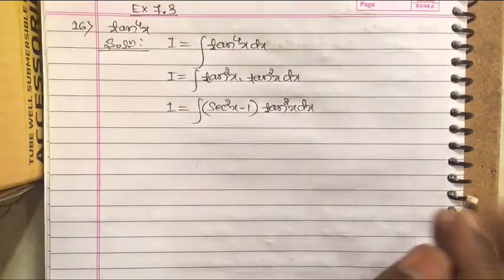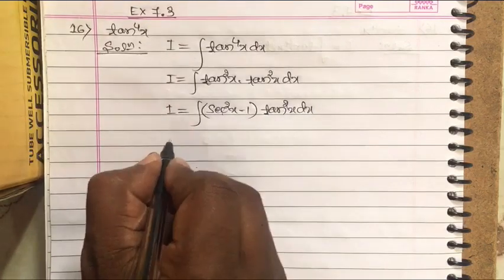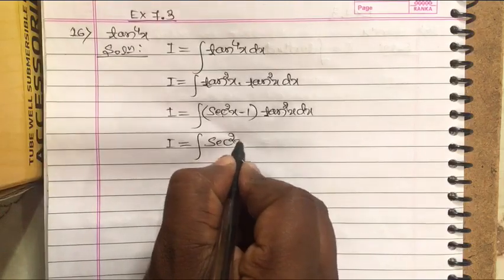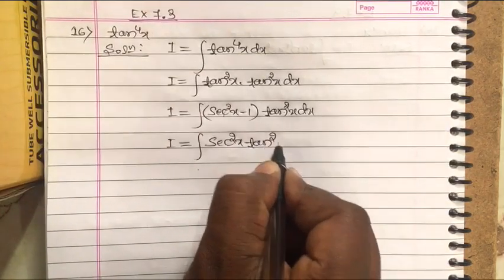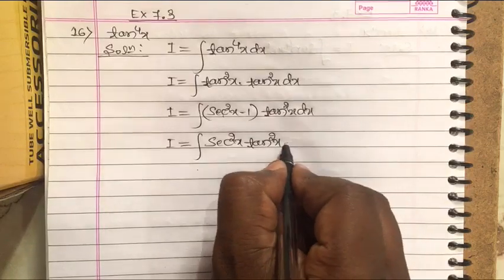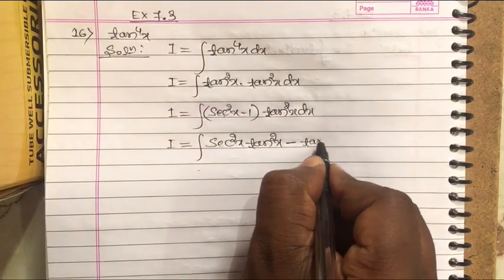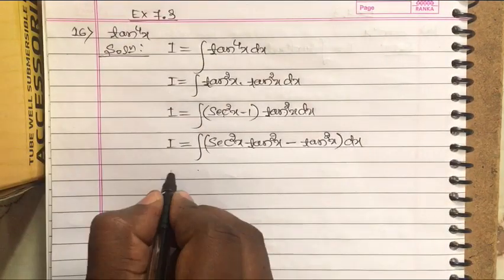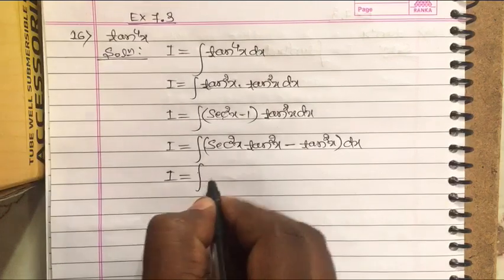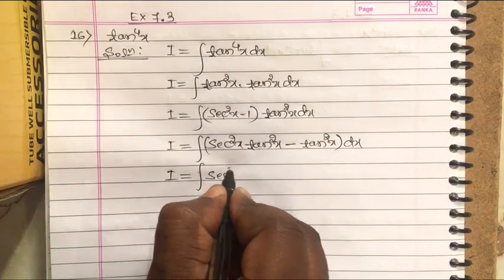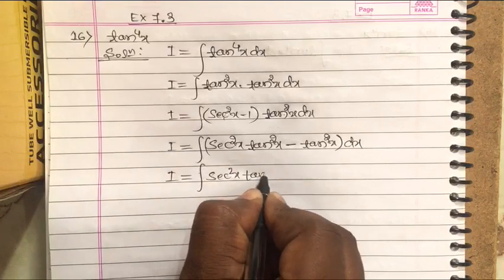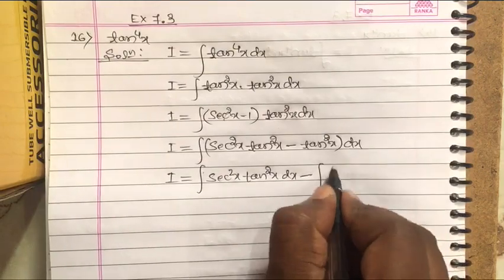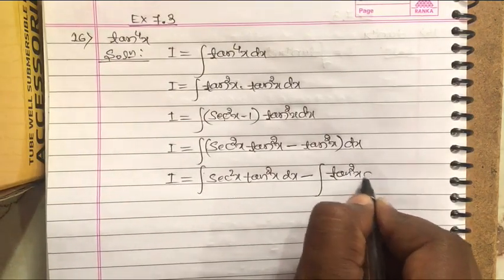Now multiply tan square x with these two terms: I equals integral of secant square x into tan square x minus tan square x dx. Now integrate them separately: I equals integral of secant square x into tan square x dx minus integral of tan square x dx.